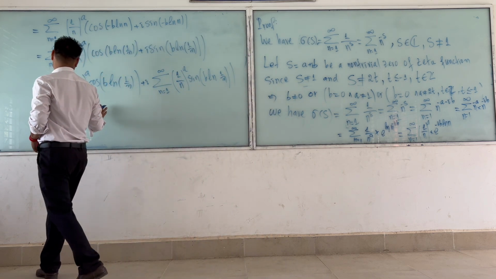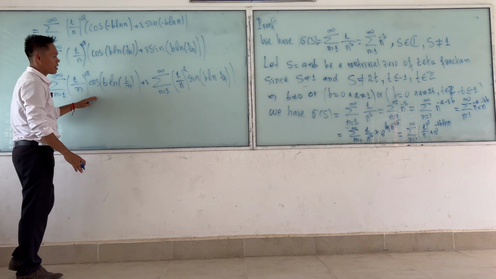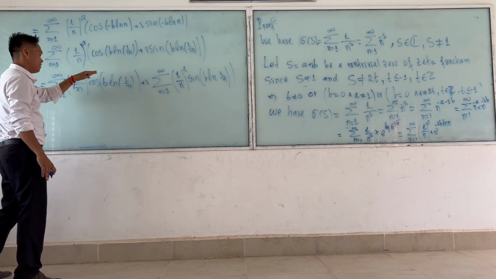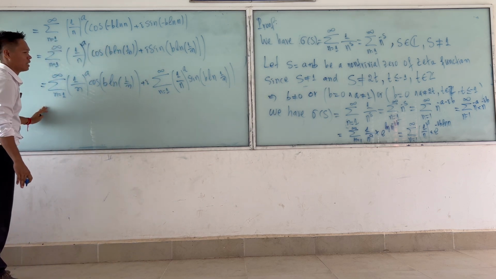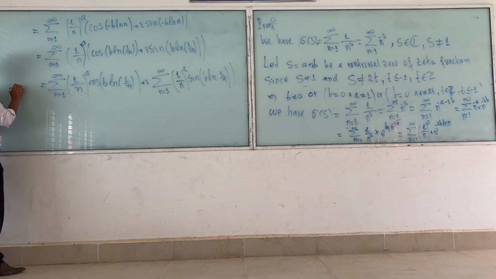So we got two sigmas here, this one and this one. And what have we written here? The zeta function, zeta of s, right?